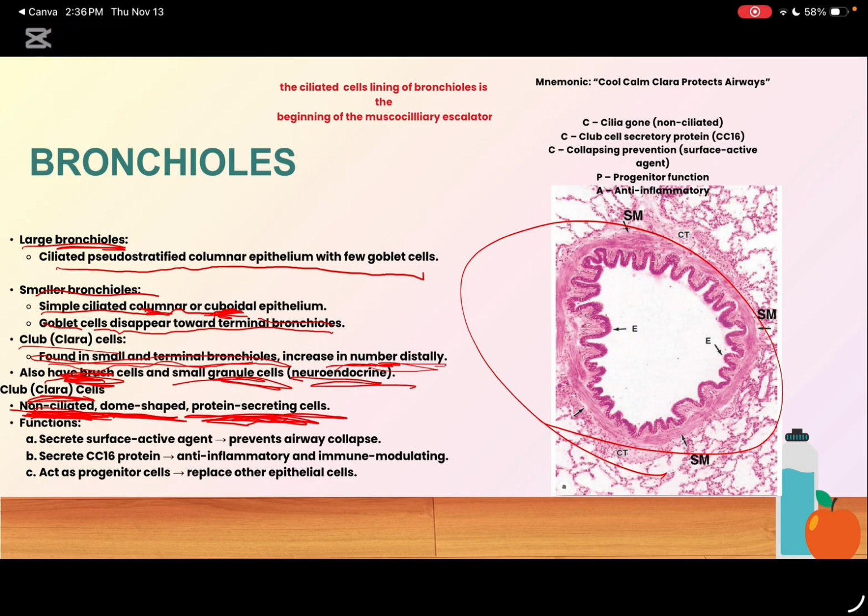They are protein-secreting cells. What does the club or Clara cell do? Its function: it secretes surface active agent, which prevents airway collapse.